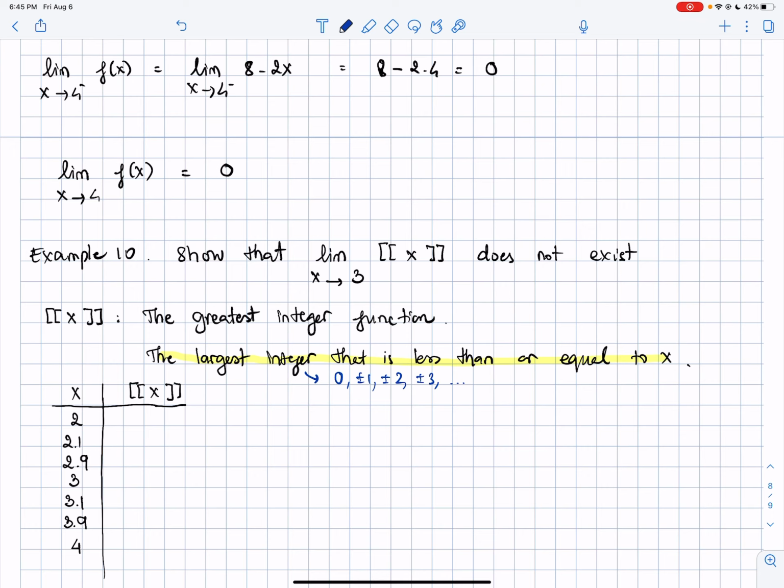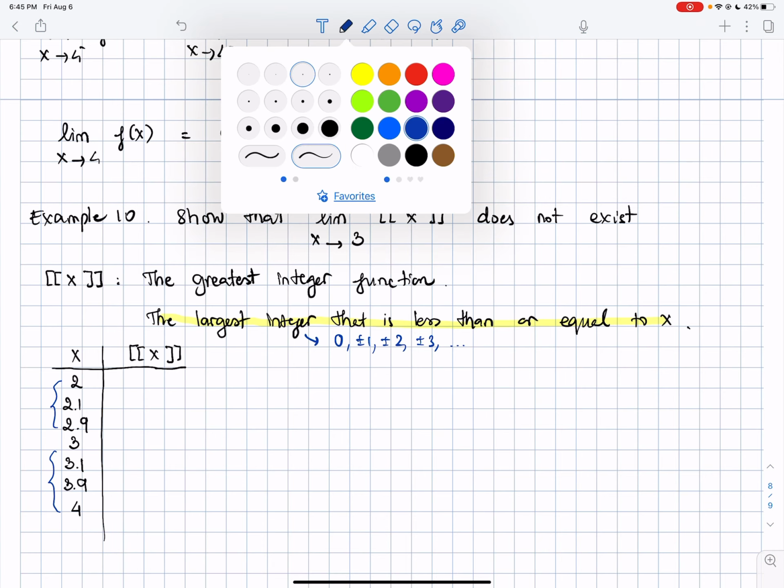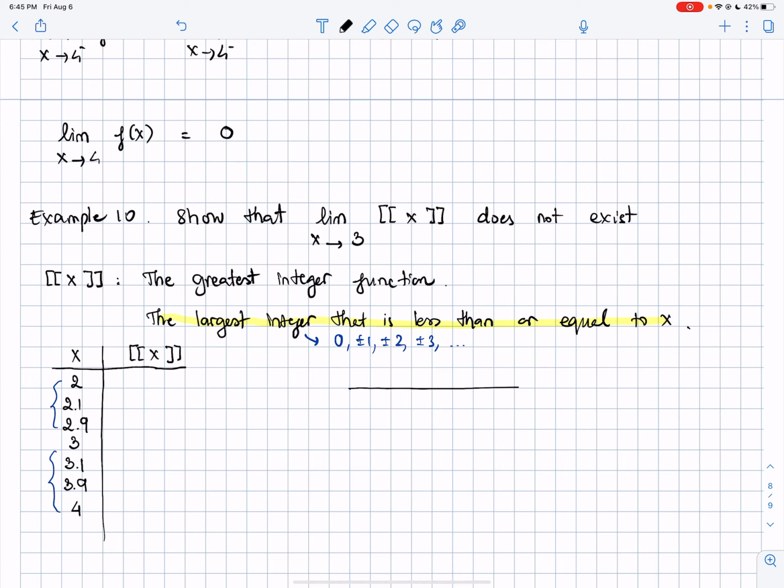Because we are finding the limit as x approaches 3, I want to make the graph around 3, in the interval from 2 to 4. It's better if we make a number line. So we have 0, 1, 2, 3, 4, and so on.